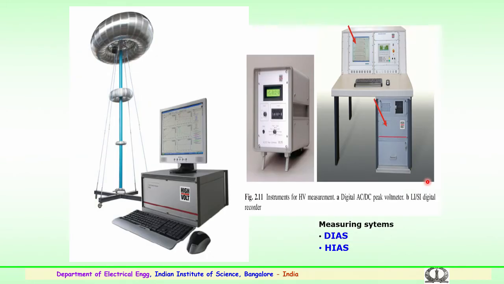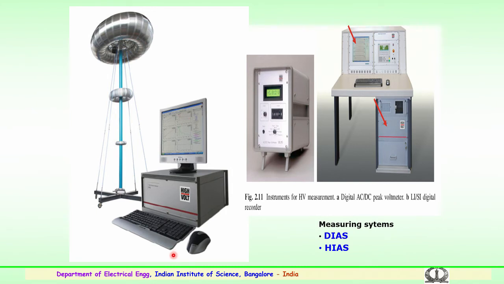This is again the use of digital AC/DC peak voltmeters and recorders for impulse measurements, with other types of digital recorders.